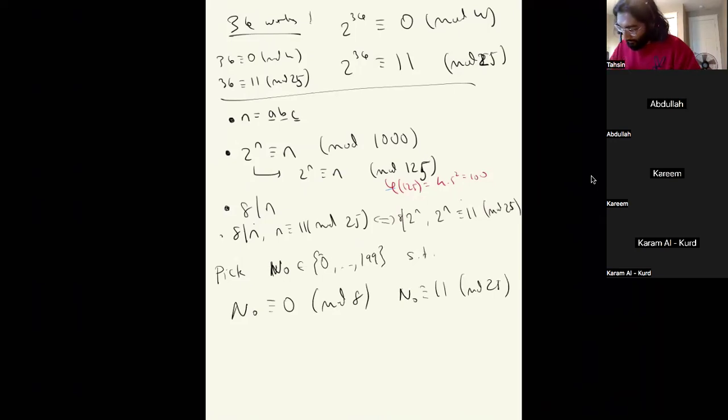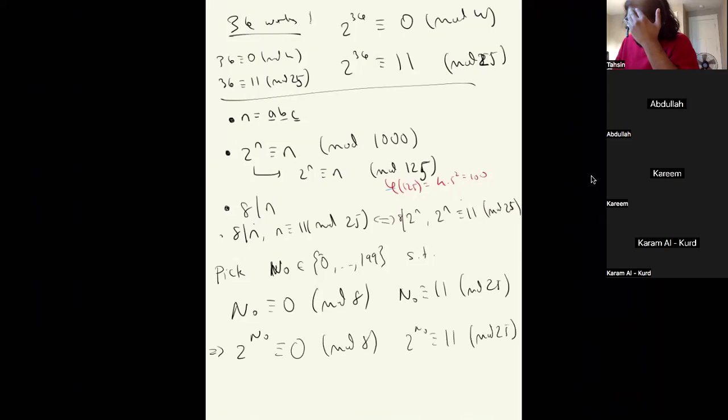And now it's guaranteed that 2 to the n0 is congruent to 0 mod 8, and 2 to the n0 is congruent to 11 mod 25.